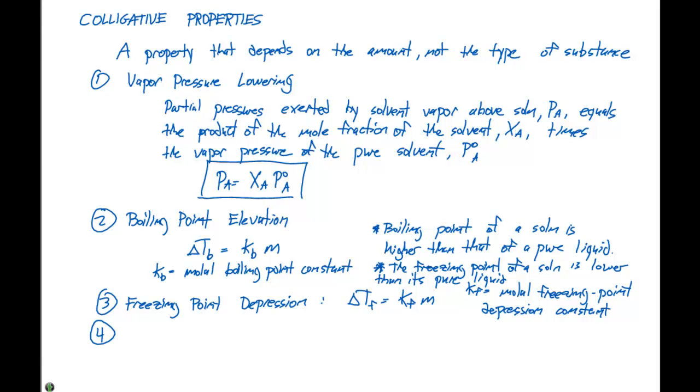The last colligative property we're going to discuss in this chapter is called osmosis.